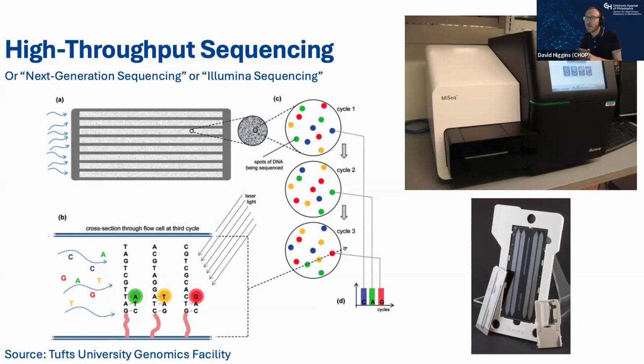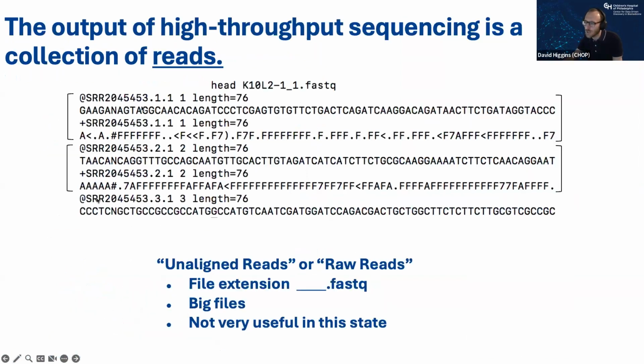Unless you're doing long read technology, most sequencing data comes as very short 75 to 150 base pair segments of the genome. Of course, the human genome is much larger than 150 base pairs, so each of these individual puzzle pieces needs to be put back together in order to assemble the genome.